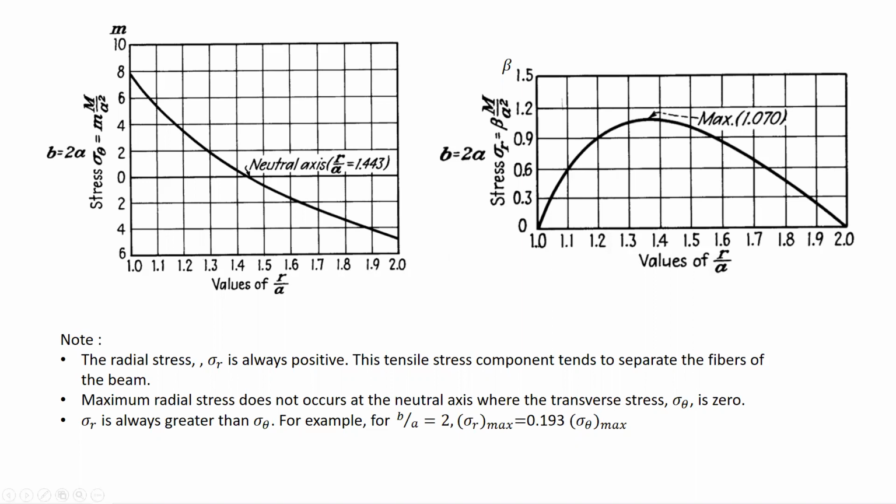If you look into that diagram, this is the central point, and it is not occurring at the center, it occurs somewhere to the left. And the other thing noted here is that maximum radial stress does not occur at the neutral axis, where the transverse stress sigma theta is 0.